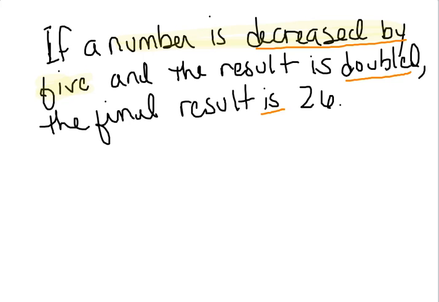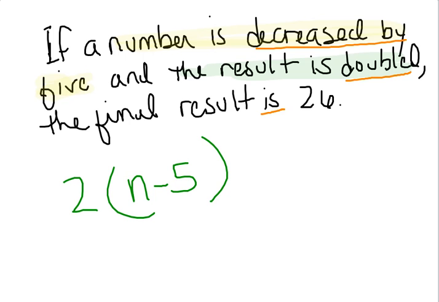Well, that looks like n minus 5. And then that result is doubled. So what's that going to look like? Well, that means I'm going to multiply it by 2. And then that final answer is 26.